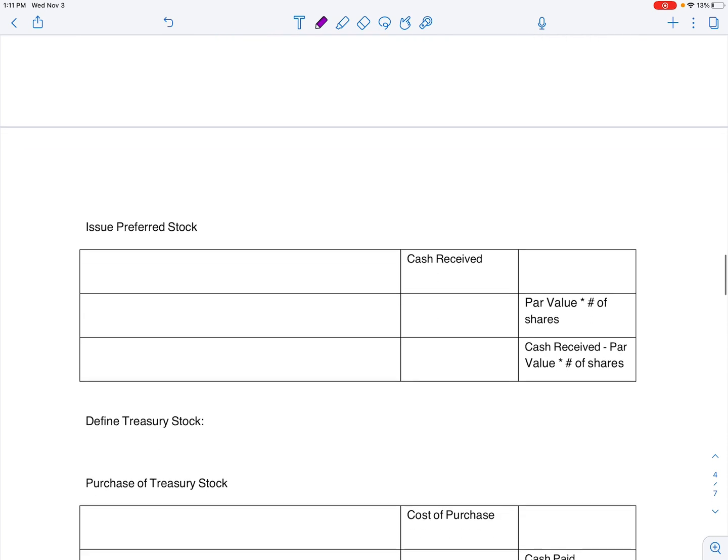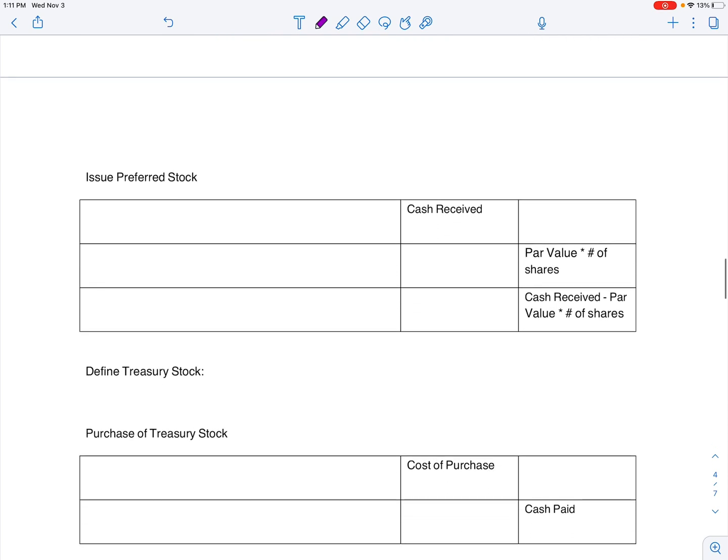I keep saying common stock because there's also an option to issue preferred stock. Preferred stock is still stock. It just has a preference in who receives dividends first, is what you need to understand. So it usually costs a different amount. It might have a different par value, but the journal entries in essence are the same. We're going to record that we got cash.